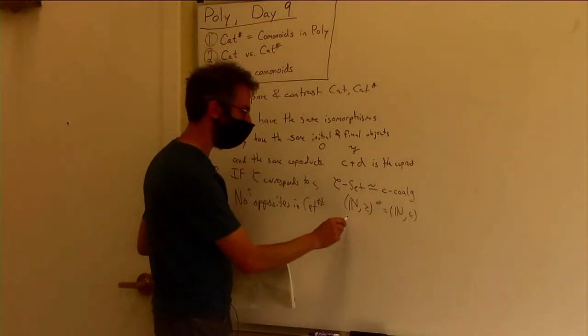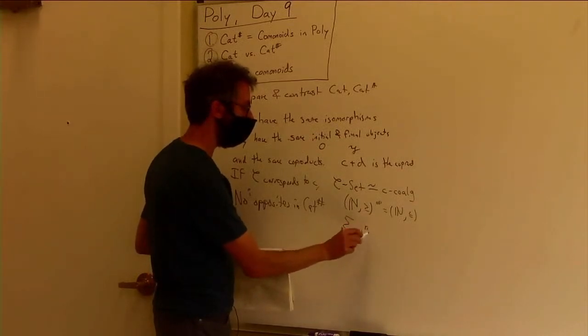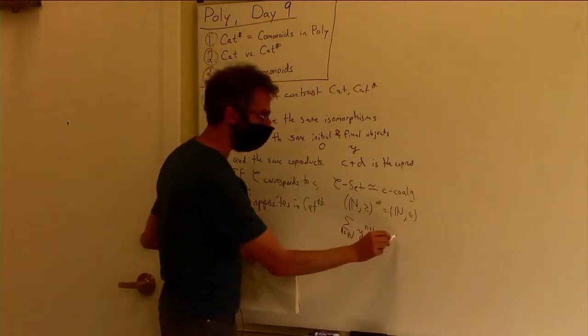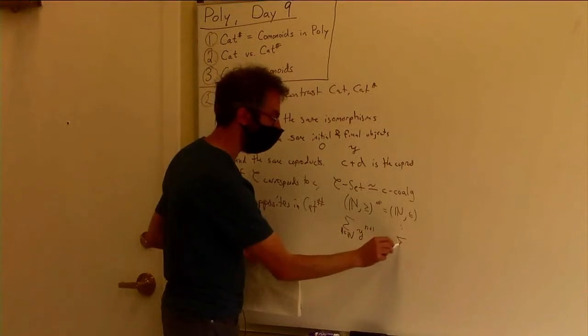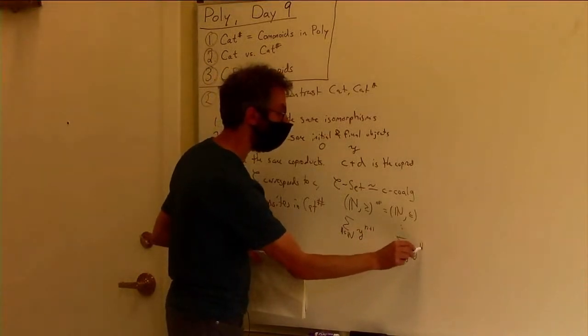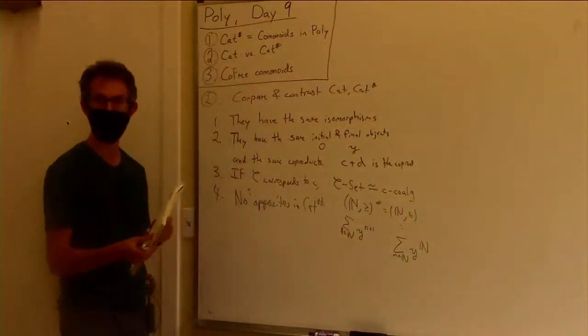But in cat sharp, this one is the sum over n in naturals of y to the n plus 1. And this one is the sum over n in naturals of y to the n, naturals. And there's no relation between those.